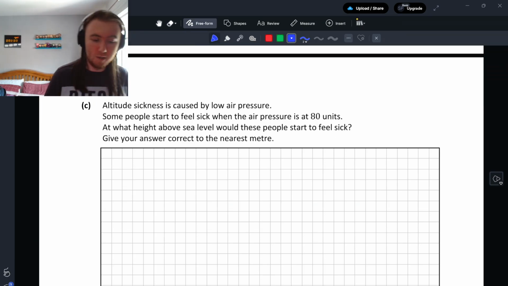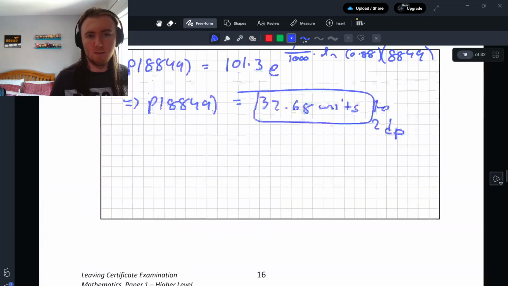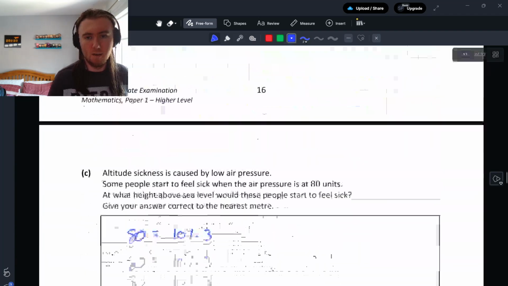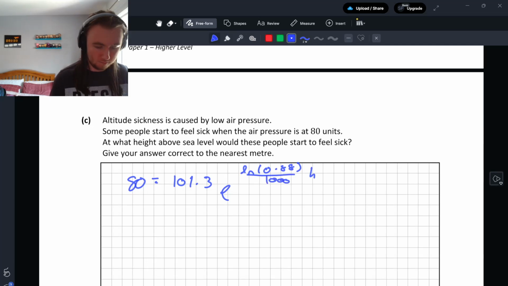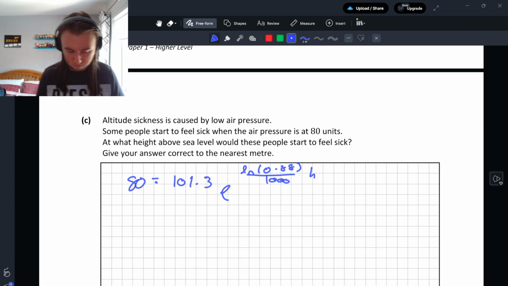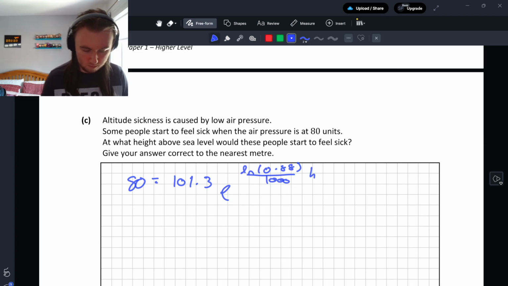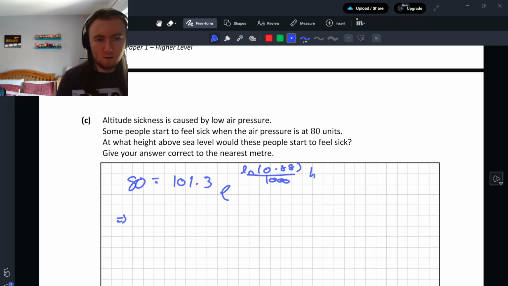Okay, so we just set P to be 80, and 101.3 e to that crazy number, e to the natural log of 0.88 over 1,000 times some h. I'm probably just going to have to approximate this.